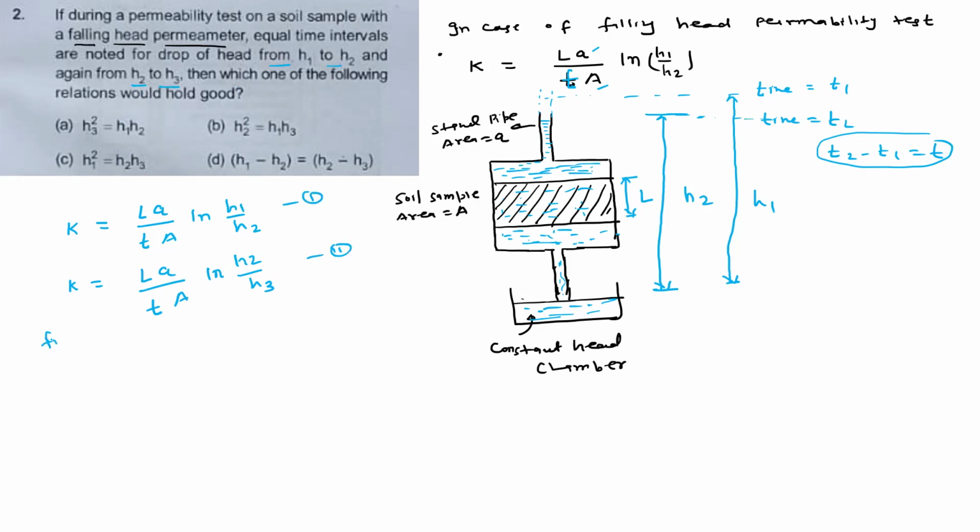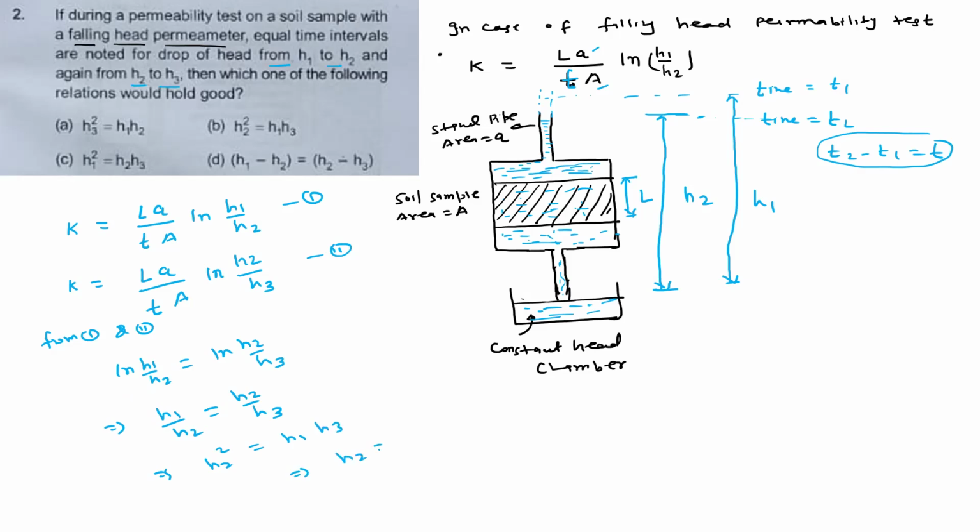So from 1 and 2, ln H1 by H2 is equal to ln H2 by H3. So from here H1 by H2 must be equal to H2 by H3. So H2 square is equal to H1 into H3.